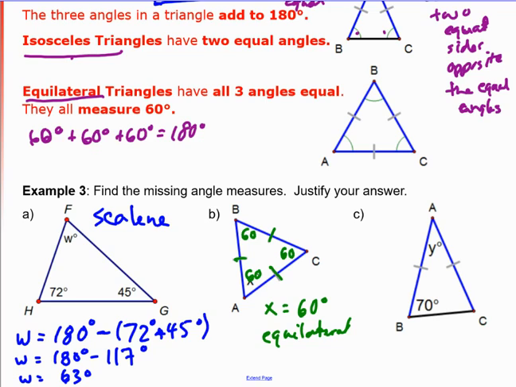Next. Okay, so we have a bit of a different look here. We have two equal sides to make this isosceles. That means that this angle and this angle are equal. So in other words, we actually know that this is 70.